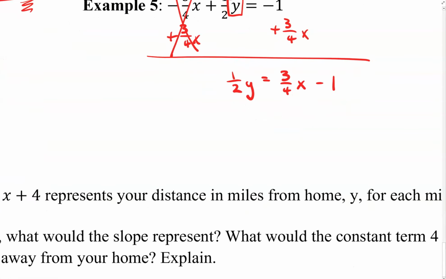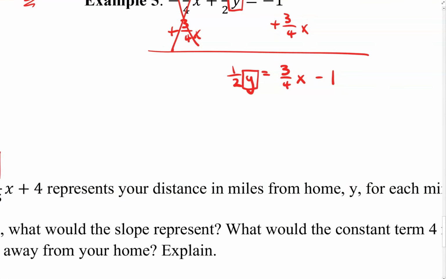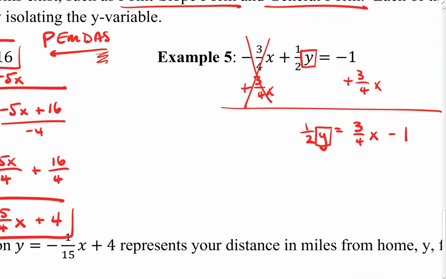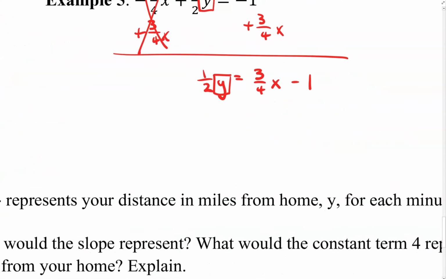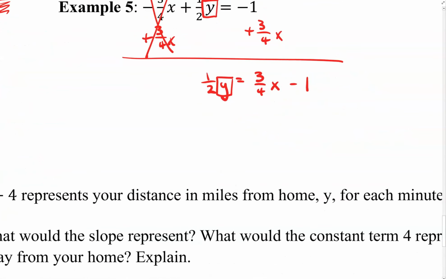So now we're still trying to get y by itself, and I've completed the addition and subtraction step, so I want to consider the multiplication and division step while working backwards through PEMDAS. We could divide both sides by 1/2, and that would work, but I'm going to choose to multiply both sides by 2. If I multiply by 2, that's going to cancel out our 1/2.